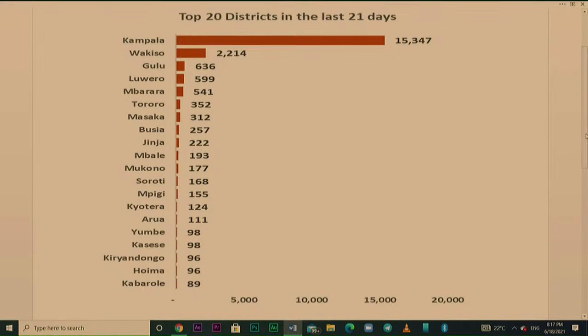Tororo, 352. Masaka, 312. Busia. Then Jinja, Mbale, Mukono, Soroti, Kasese, Hoima and others, those are 89. Total 20,000 people in 21 days.